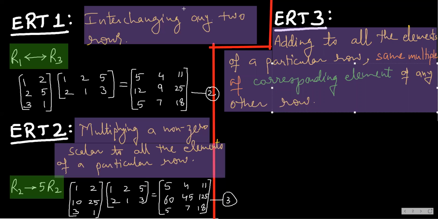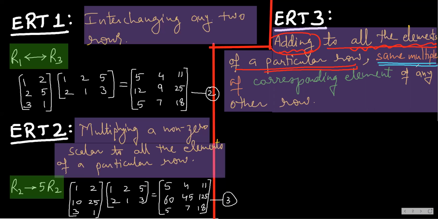See, what does it say? It says adding to all the elements of a particular row. So you have to select one row from the prefactor matrix, that will be your particular row, and to all the elements of that row you are going to add. What you will add, that is also written. Adding to all the elements of a particular row, same multiple.